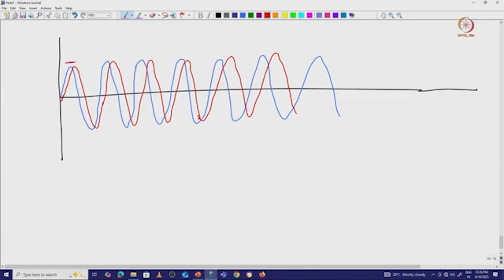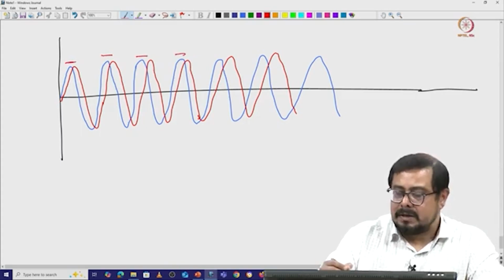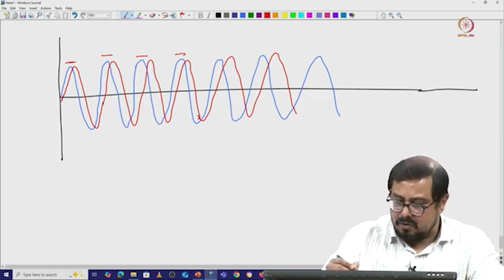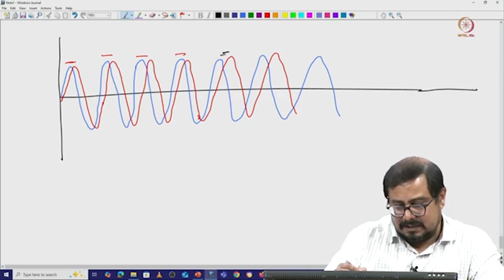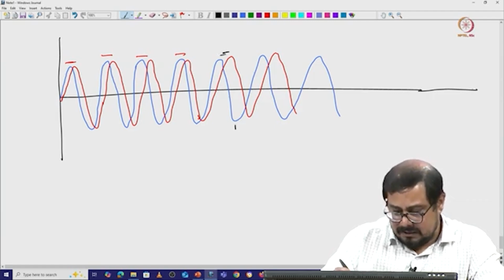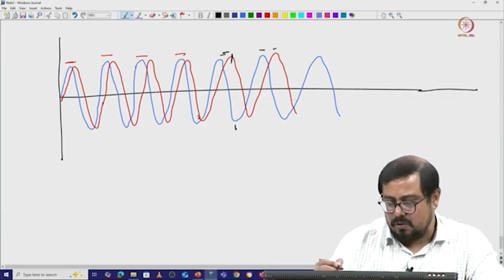If you consider this one and this one, they are very close to each other, there is not too much difference. But if we go to the other, here they are close, but here this and this are a bit opposite. Here these two are close, but at the same time these two are opposite.